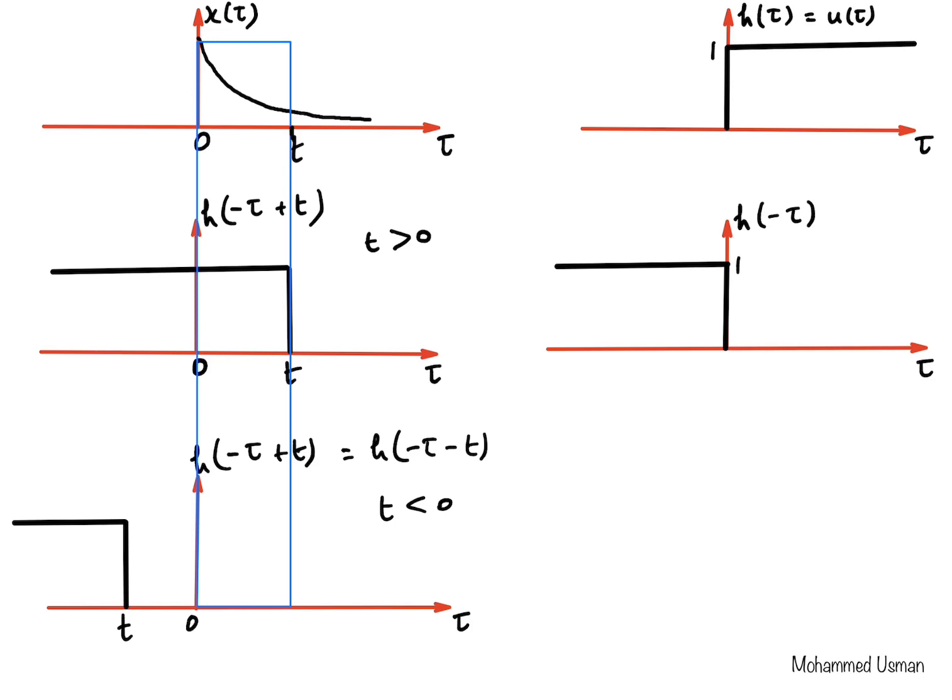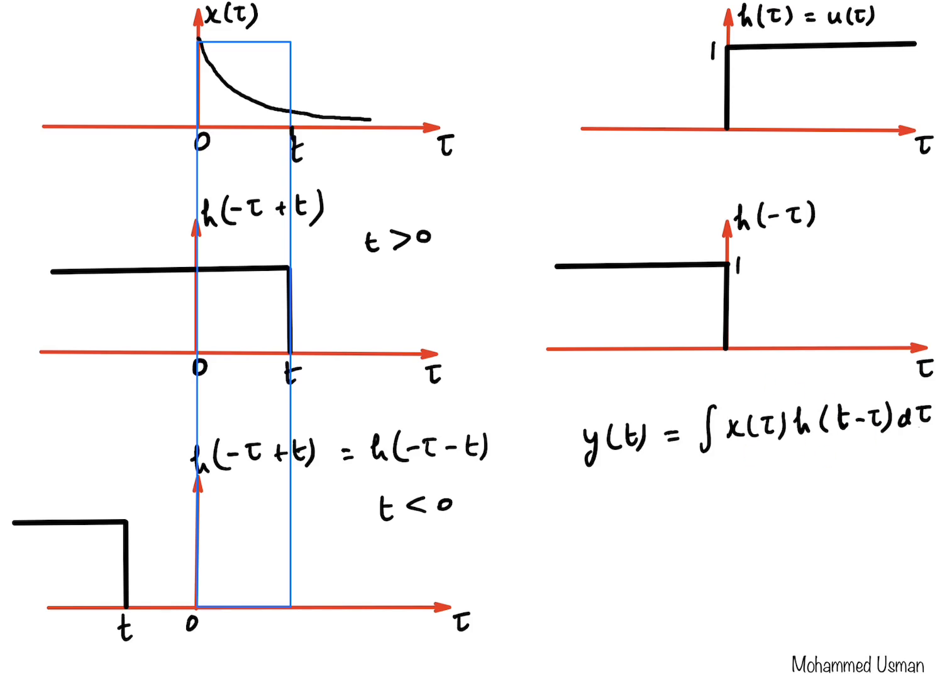That means the convolution integral, which is our y of t, equals the integral of x of tau into h of t minus tau d tau.